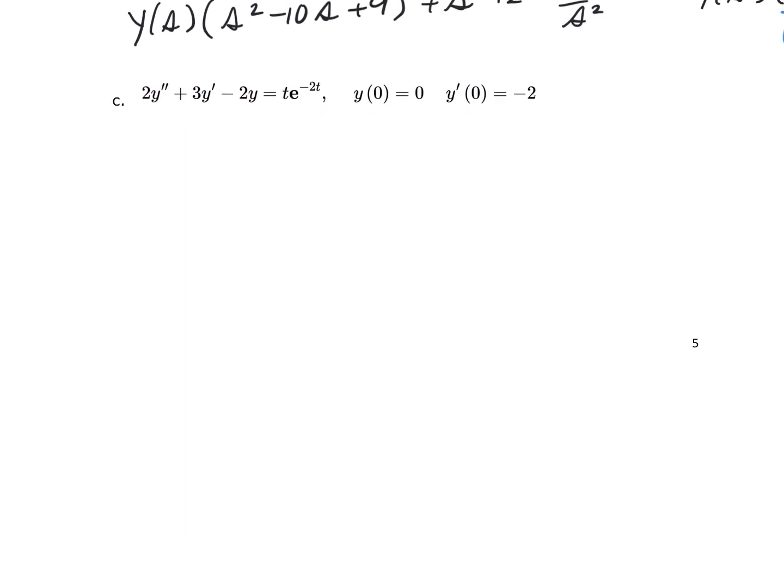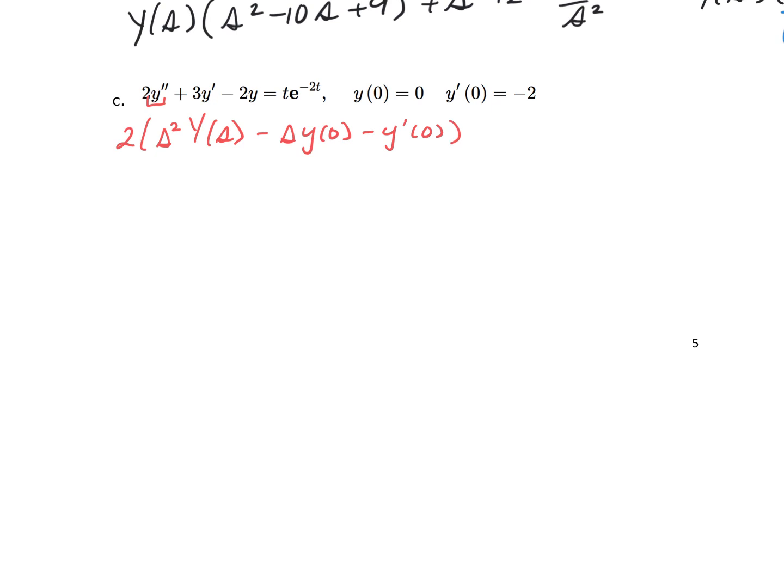So once again, I'm going to do y double prime. Remember what y double prime gets replaced with. It gets replaced with s squared cap y of s minus sy of 0 minus y prime of 0.